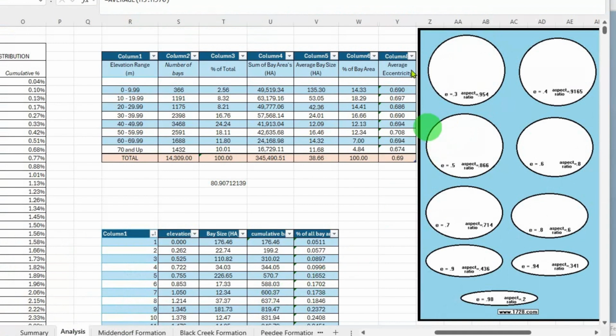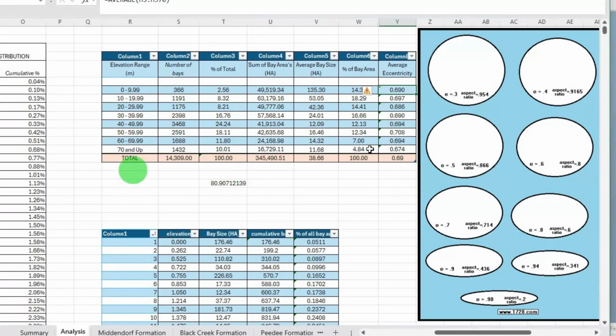I did also calculate averages for the eccentricities of all the bays in these ranges, and you can see that they're pretty much 0.69, 0.69, 0.69, very close. That third digit could be more significant than we think, but probably not.